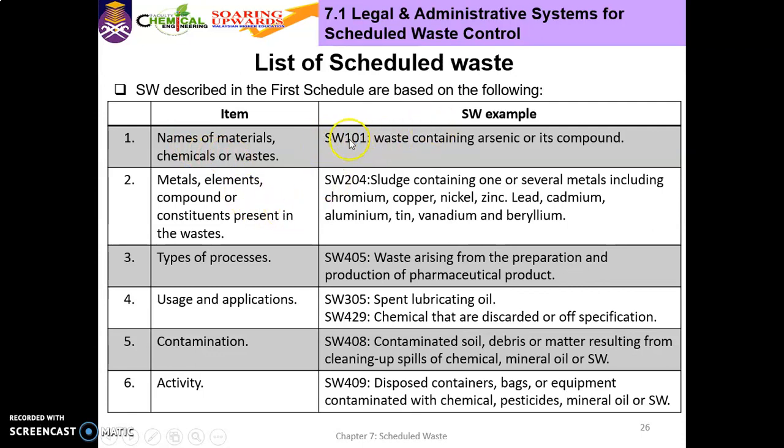If the code starts with 1, it basically involves metals. Then number 2, sludge containing several metals. SW4 or 5 depends on the type of processes, usage and application, contamination and activity.